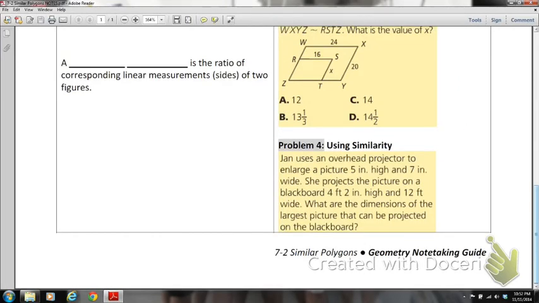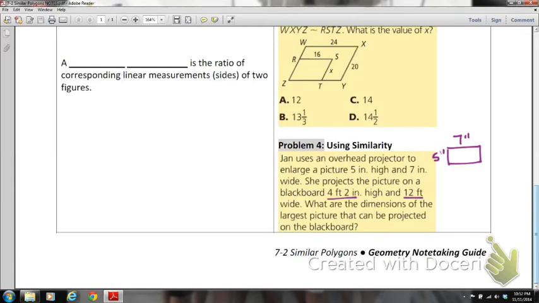In the last problem, it says Jan uses an overhead projector to enlarge a picture that's 5 inches high and 7 inches wide. So let's draw a rectangle that is 5 inches high and 7 inches wide. She projects the picture on a blackboard that is 4 foot 2 inches high and 12 foot wide.